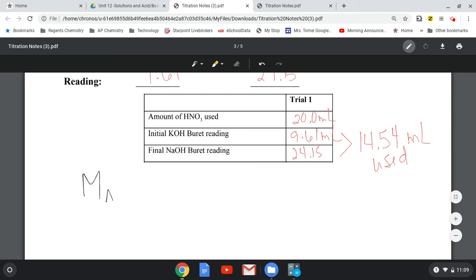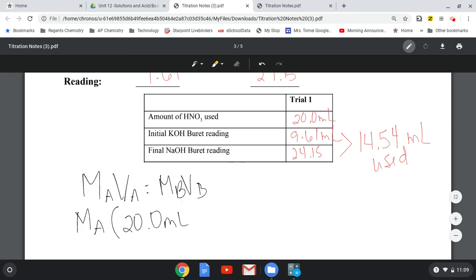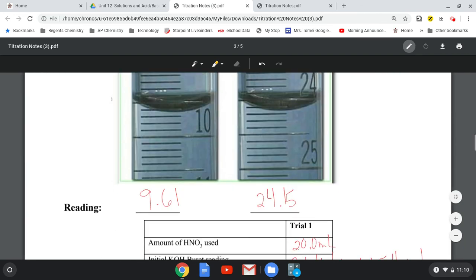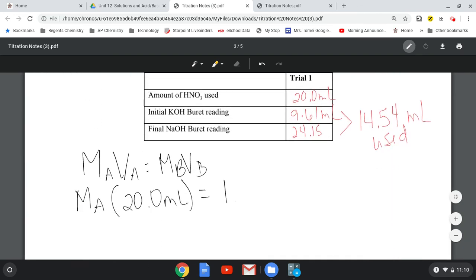So if we have our titration equation, the molarity of the acid is what we're solving for. The volume of the acid is 20 milliliters. That was given to us in the problem. The molarity of the base is given to us in the problem as well. I forget what it is, 1.5 molar.